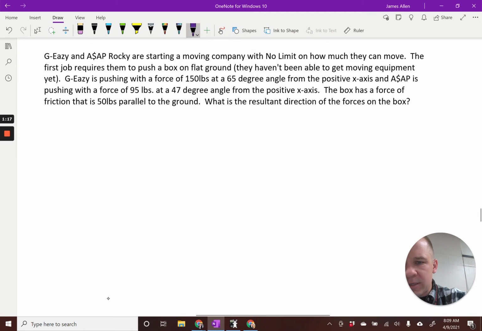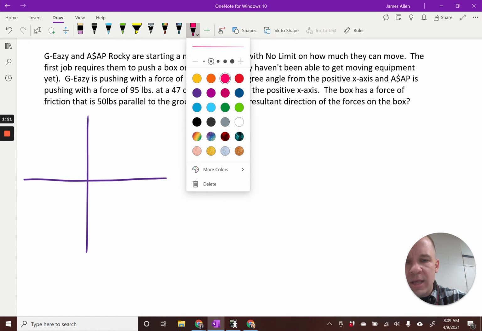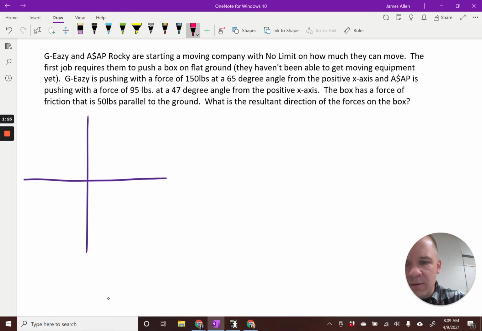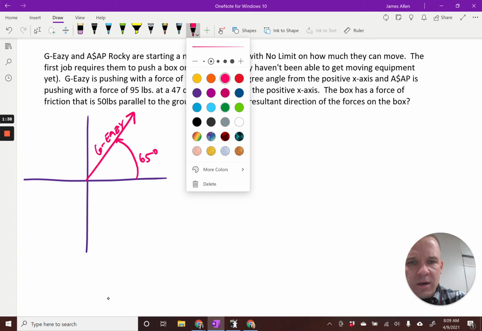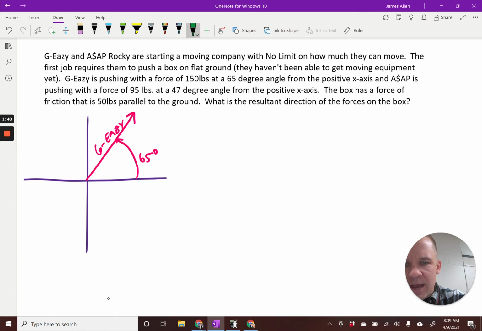Let's get ourselves a nice little graph here. We have a 65-degree angle, that's G-Eazy, and that is 65 degrees. And then I'll go green for this one. ASAP, he's 47 degrees.